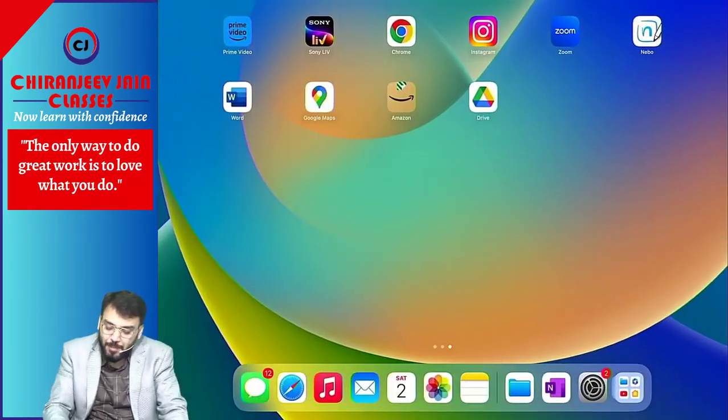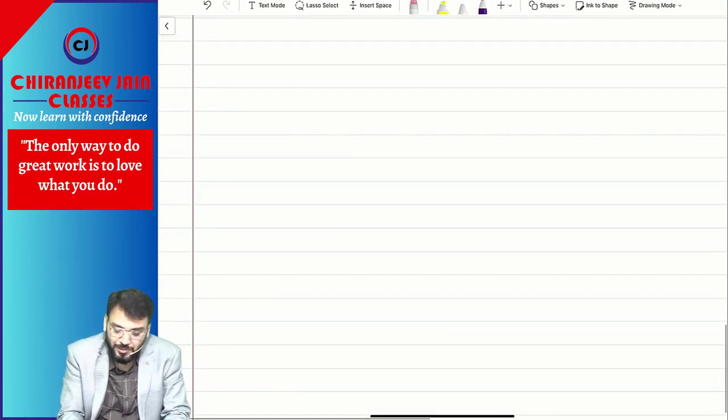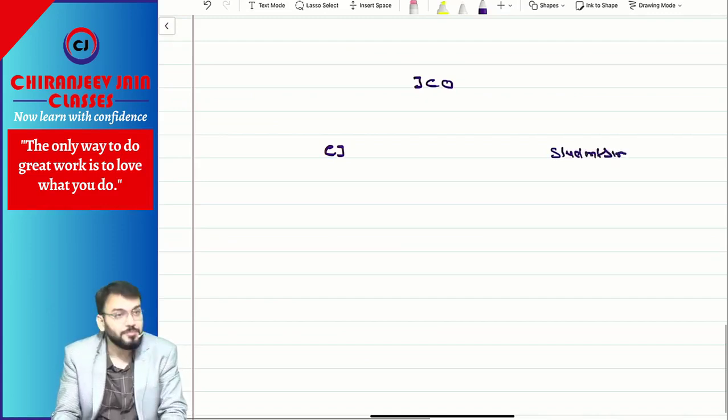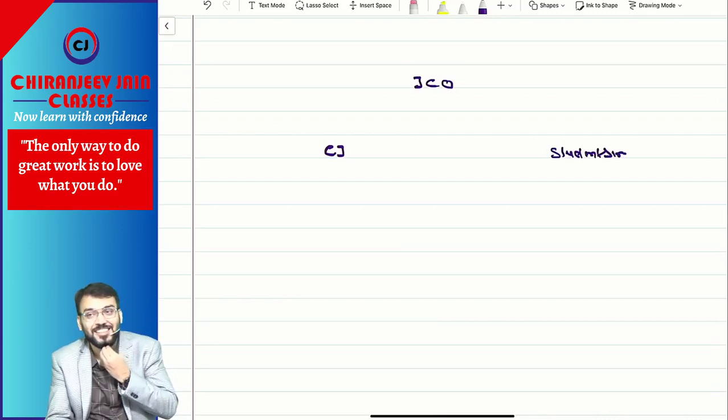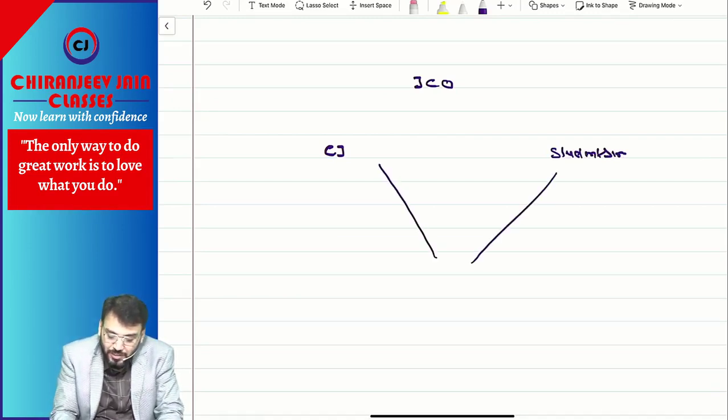Just try to understand what actually happened. I am giving the example of JCO with CJ sir and student sir. So CJ sir and student sir join together to start a CA foundation business.